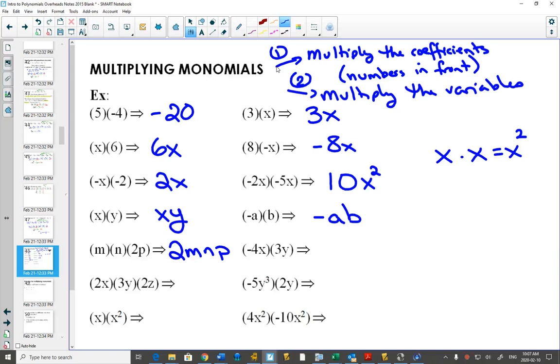Is this one going to be positive or negative? Negative. 4 times 3 is 12. And then multiply your variables, x, y. Okay, I want you to try the mental math here. Multiply your numbers in front. Multiply your coefficients. 2 times 3 times 2.